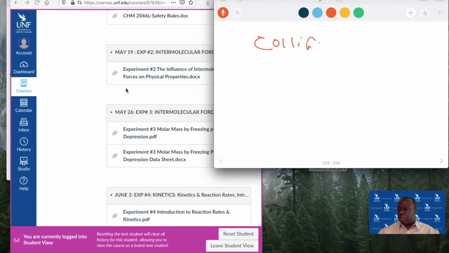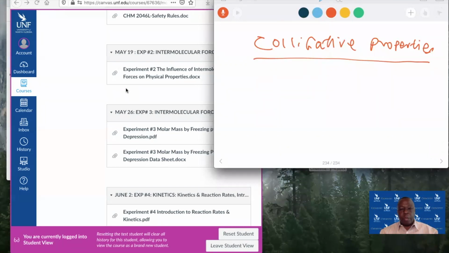Colligative properties are properties of a solution which depend on the number of particles dissolved in a solution, not the nature, but the number of dissolved particles in solution. And there are 4 colligative properties you should learn, not for this course, but just to be well-rounded. For your own benefit, if you're taking the course right now, you need to master all the colligative properties.